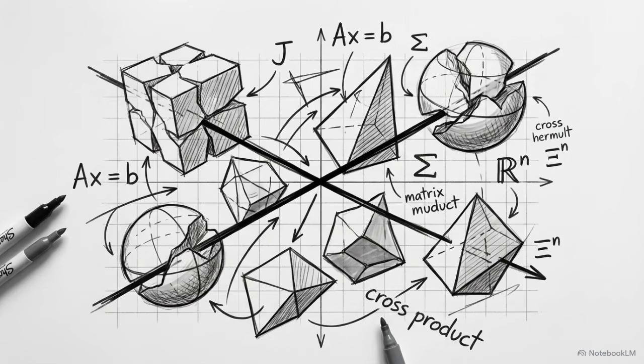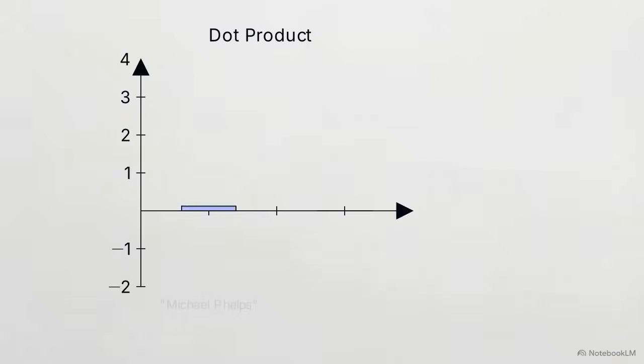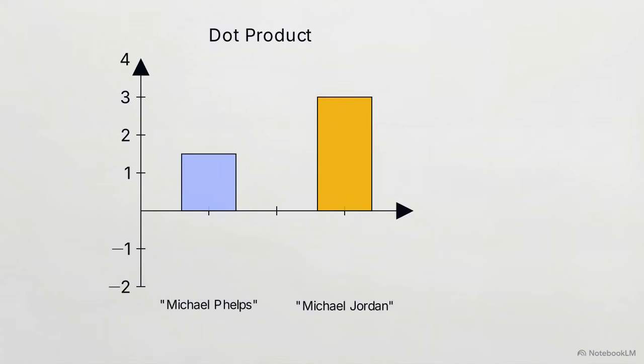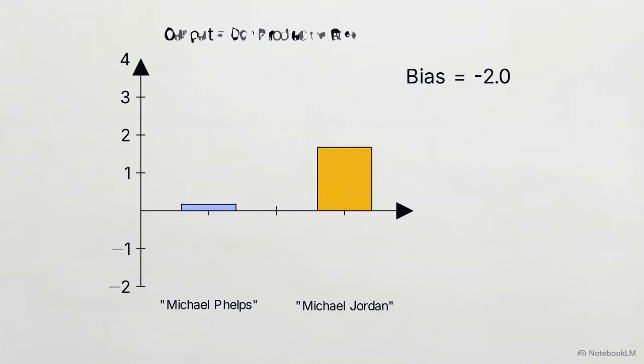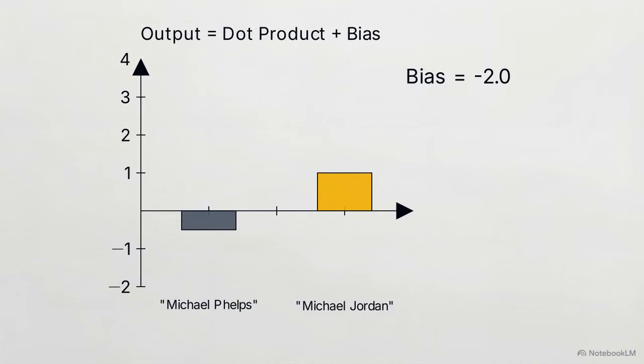Pure linear alignment has a problem. This matrix multiplication would also trigger high values for overlapping but incorrect concepts, like Michael Phelps, because the first name aligns. To solve this, the model applies a bias parameter, adding a specific negative value to the scalar output we just calculated. This negative bias acts as a strict threshold. Only a strong dot product can overcome it and remain positive.